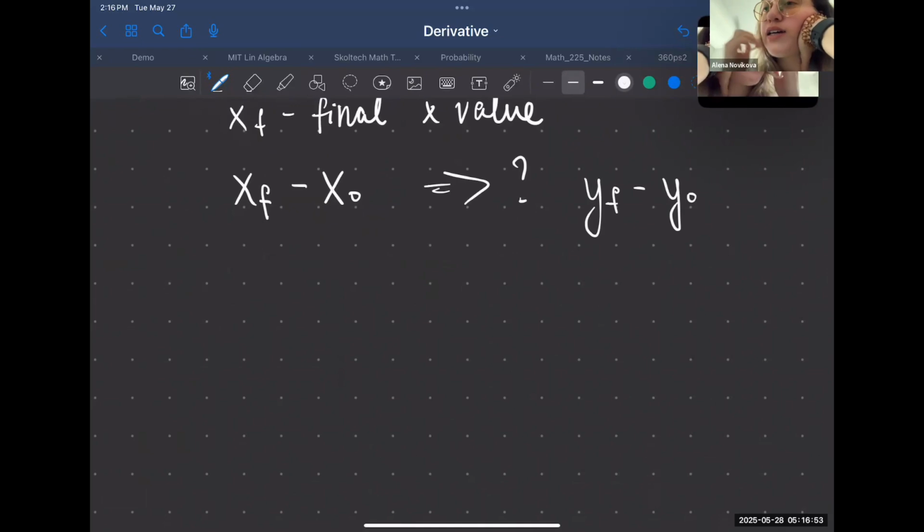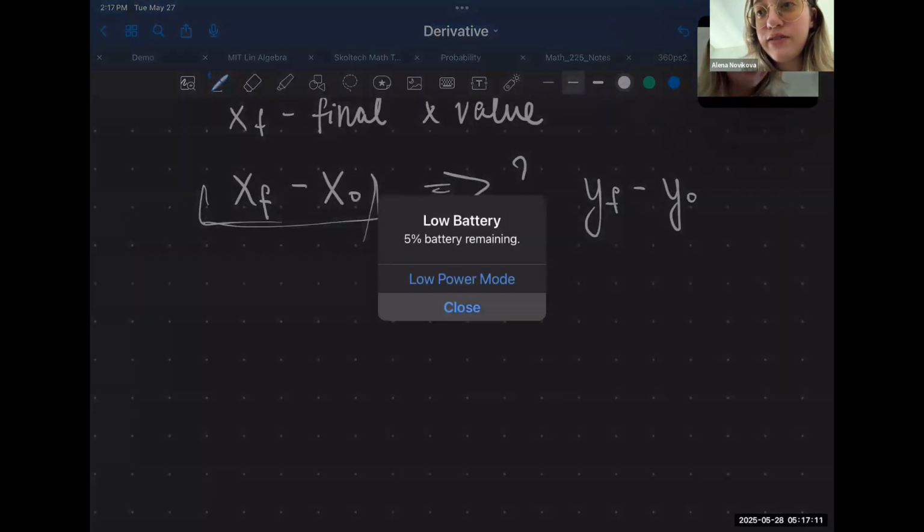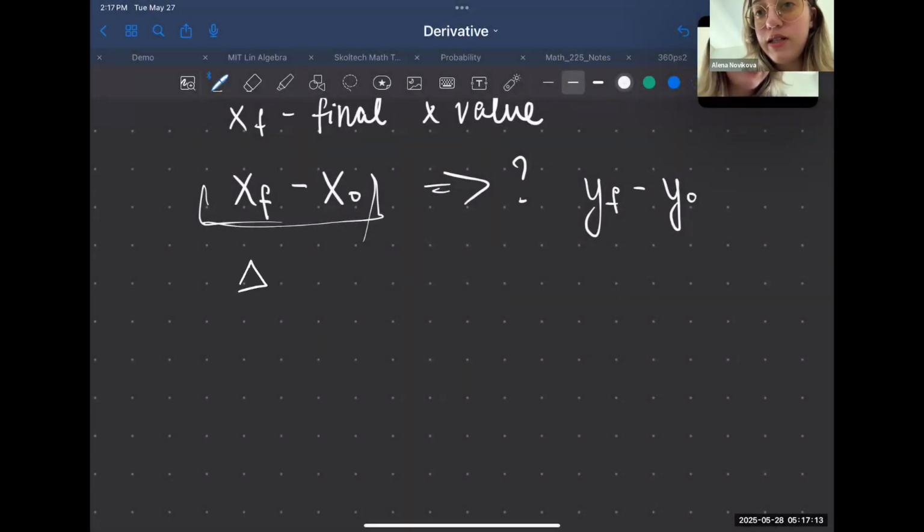Okay. And from your physics class, I'm sure you will remember the delta notation. Actually, you might already be familiar with this quantity, and that usually in science classes you will just say delta x.